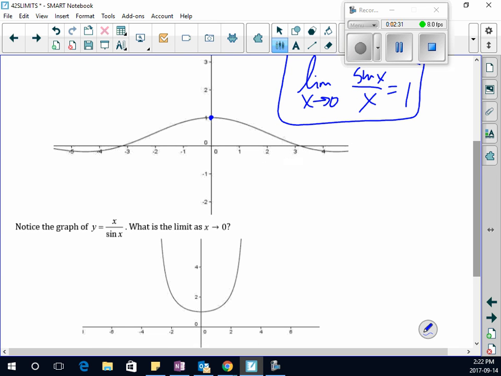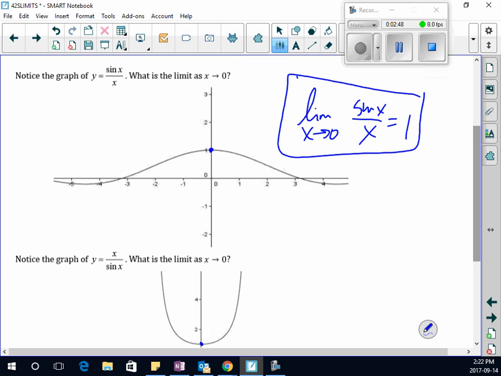How about this one? If it's the reciprocal, if you have x over sine x as x goes to 0, what is the intended thing here? It goes to 1 as well. By the way, if I actually do this algebraically, what do I get when I plug 0 in? What's sine of 0? 0. I get 0 over 0, right?